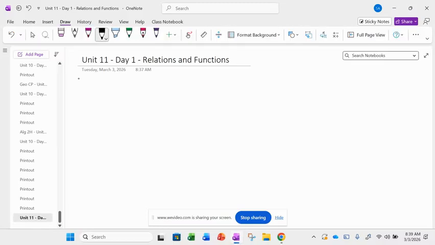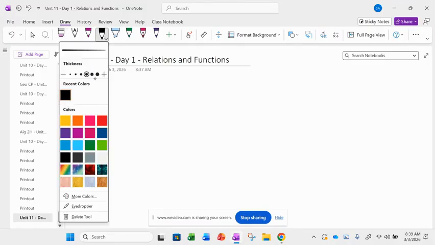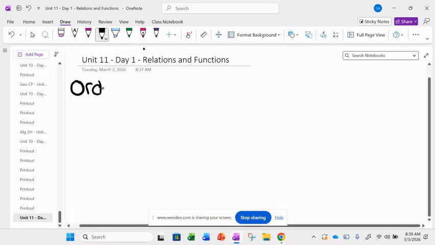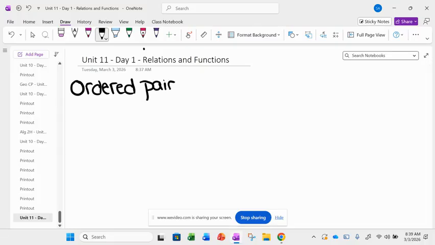First one is an ordered pair. And really all an ordered pair is a point, right? And we usually represent that point x comma y.